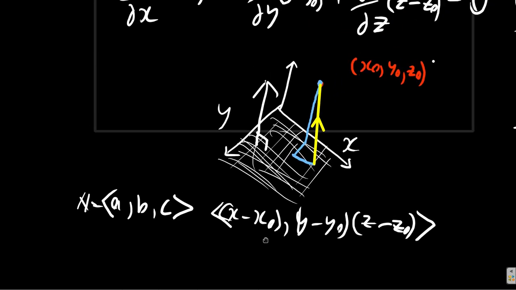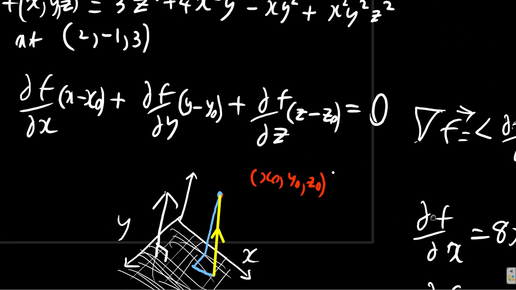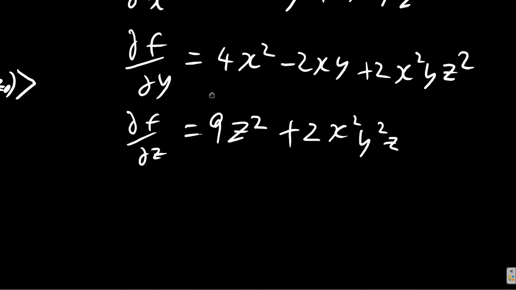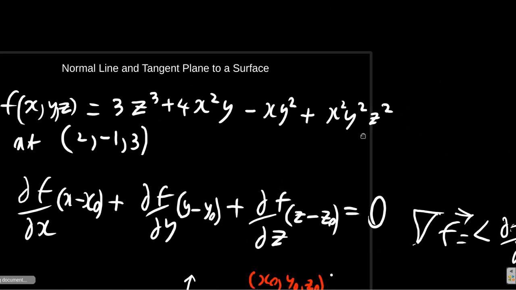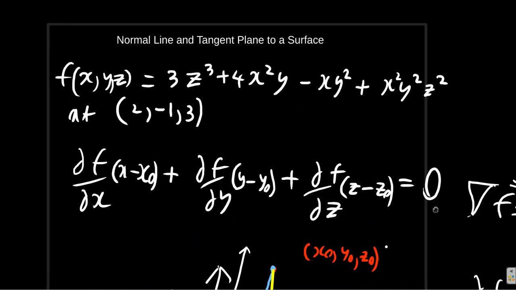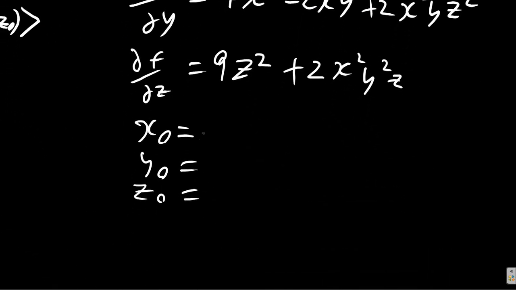So we have our 3 partial derivatives there. Alright? So now we know these. Now the x naught, y naught, z naught, what are they? Well, x naught, y naught, z naught will be the coordinates that we have gotten: 2, negative 1 and 3. Alright, that's ground 0 there.